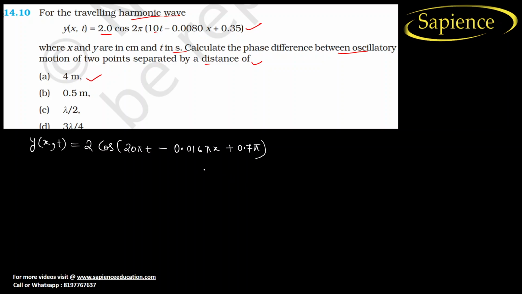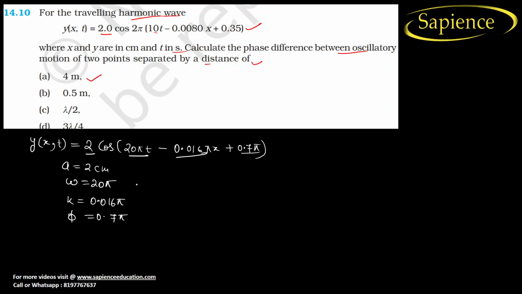Now we know the equation. This is our amplitude, so the value of amplitude A is equal to 2 centimeter. Value of omega is 20π. Value of k is equal to 0.016π, and the value of phase φ is 0.7π.